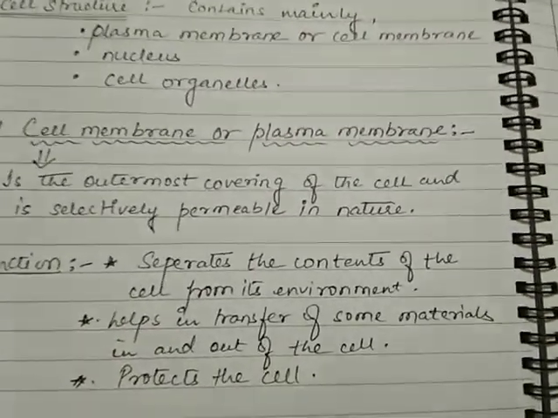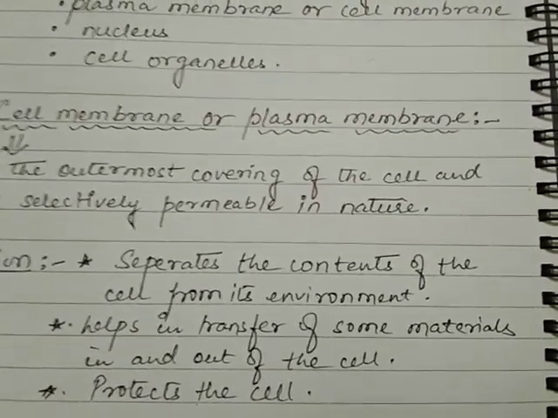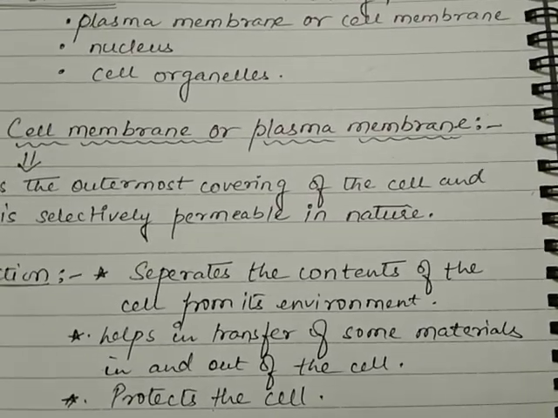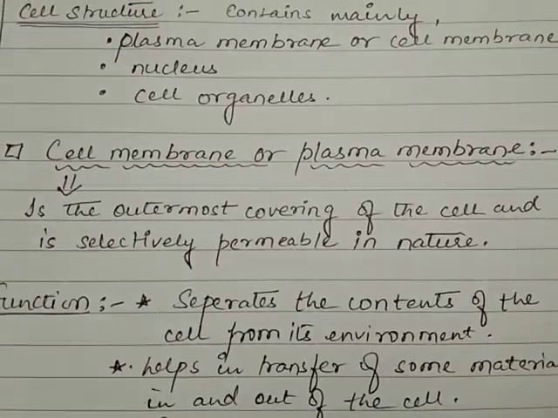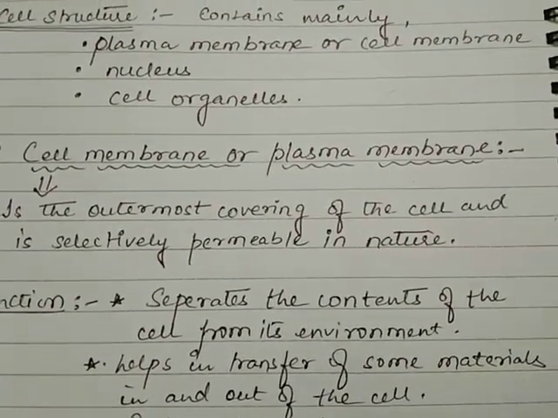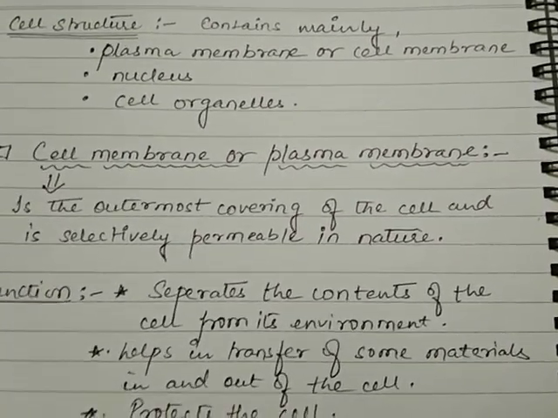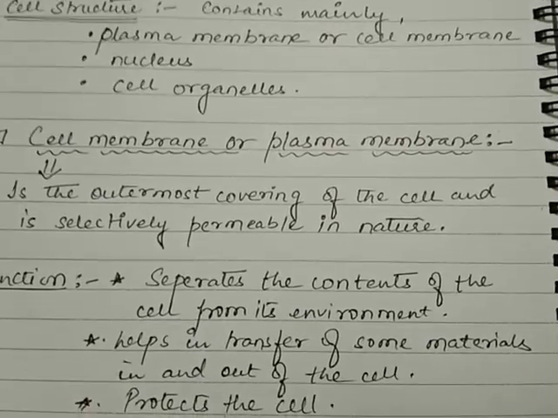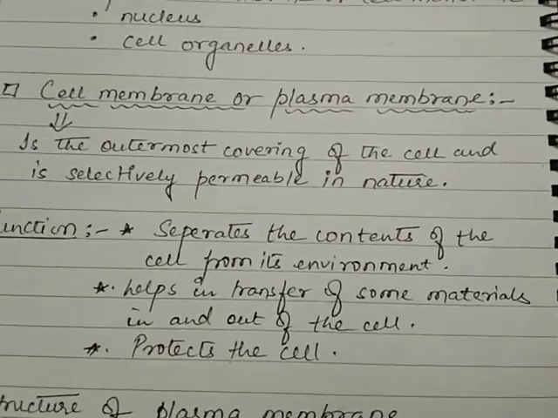Next is, it helps in transfer of some materials in and out of the cell. Students, I just talked about selectively permeable nature of the cell membrane. So when I was talking about selectively permeable nature, I told you that it is very choosy in nature. That is, it does not allow everything to pass through it. And here it is written that it helps in the transfer.